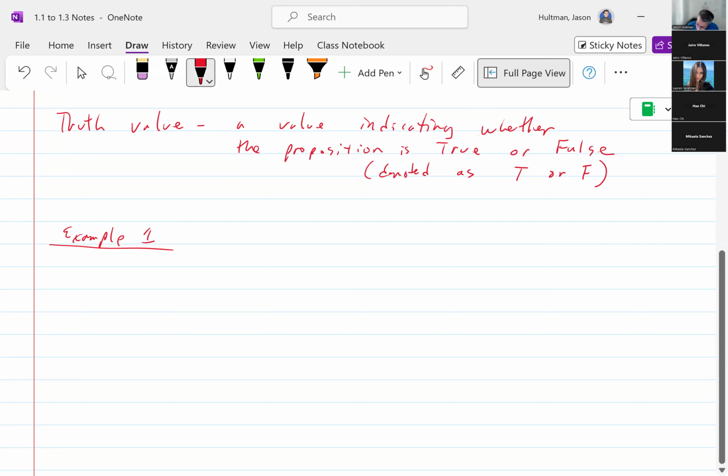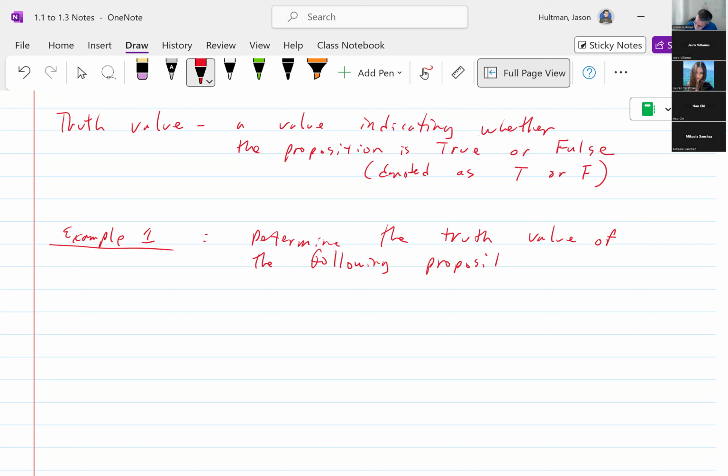Okay, determine the truth value of the following propositions. Okay, A, 2 plus 2 equals 4. Okay, true. B, 2 plus 2 is equal to 5. Obviously, that is false.